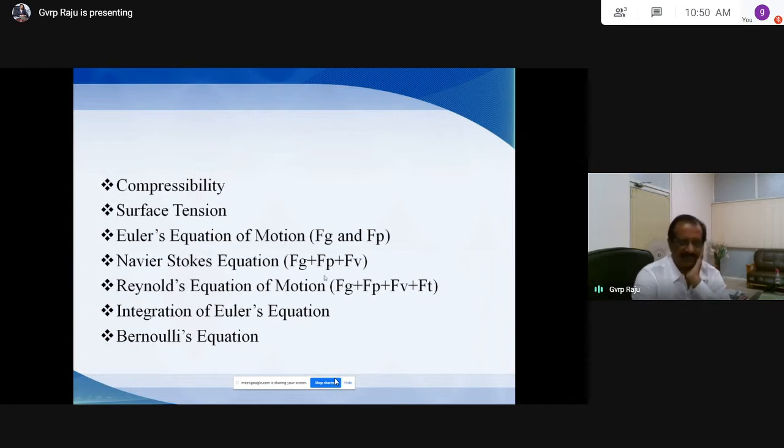These are the three equations. You need to remember which forces you consider for arriving at Euler's equation of motion, the Navier-Stokes equation, and the Reynolds equation of motion.